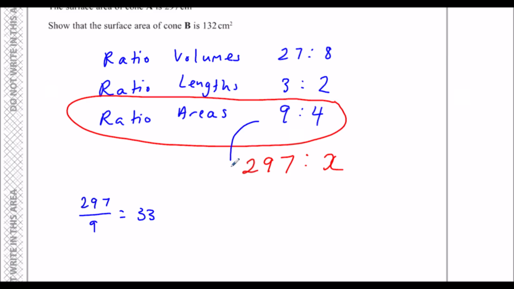So we're going to times by 33 here, which means we must times by 33 on this side. So 4 33s, and that's 132, and we knew it was because they gave us the answer in the question.